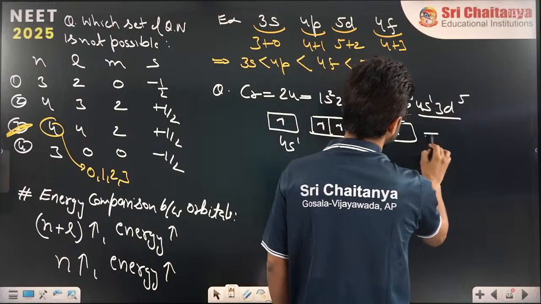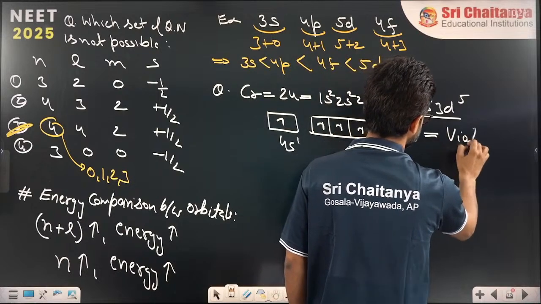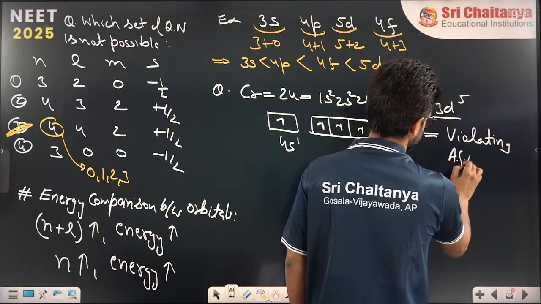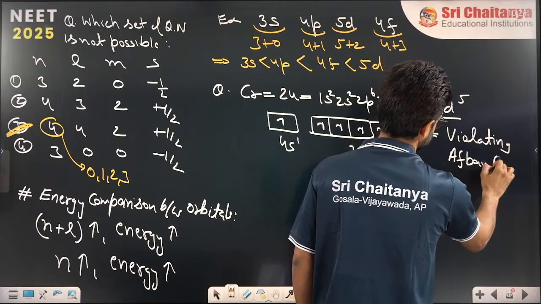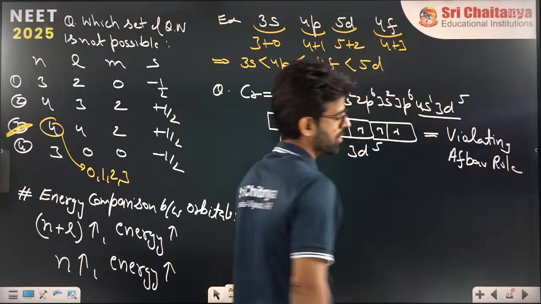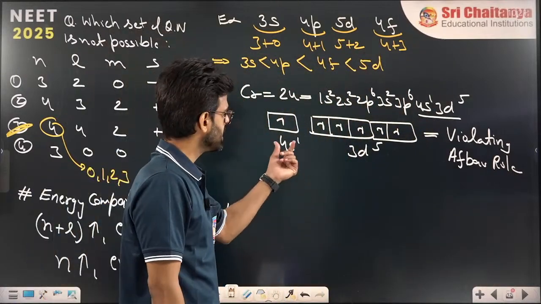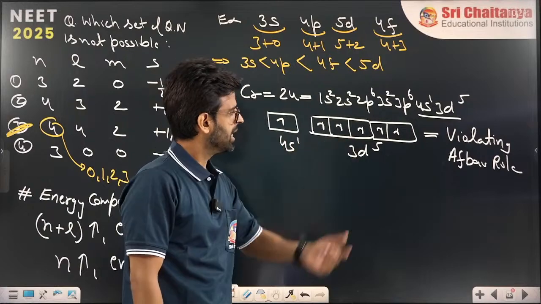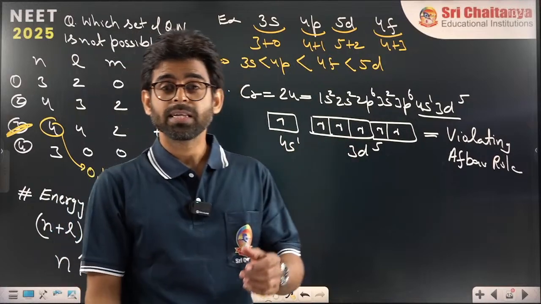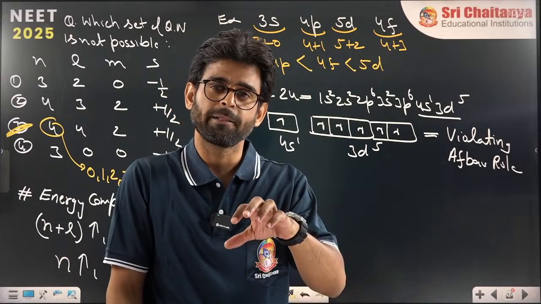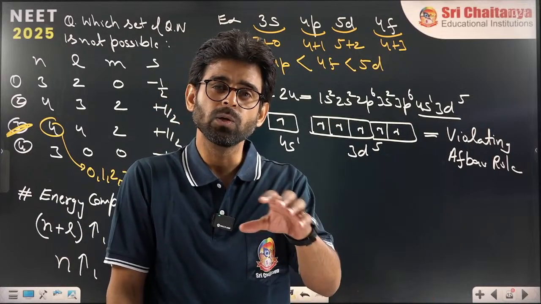It is violating the Aufbau rule. Why? Can you answer this question? Because we are filling the higher energy orbital instead of completely filling the lower energy orbital.